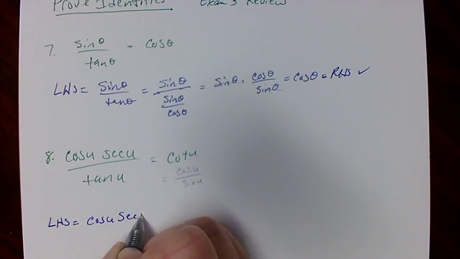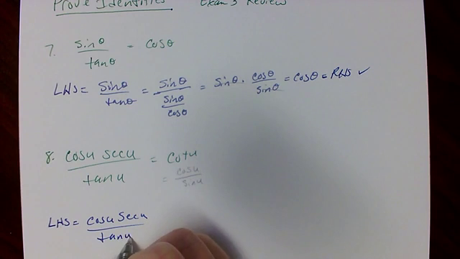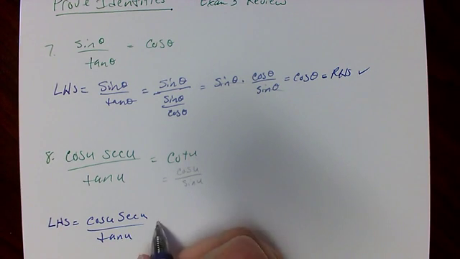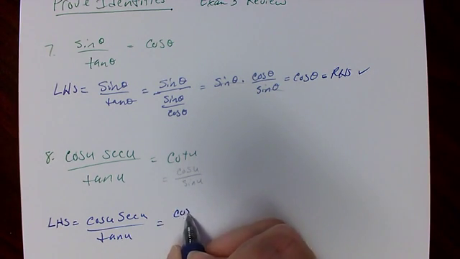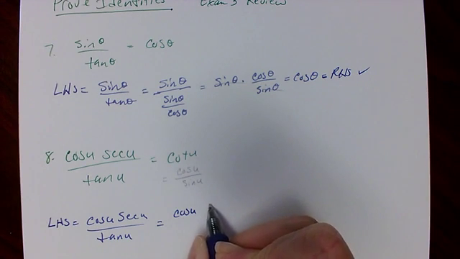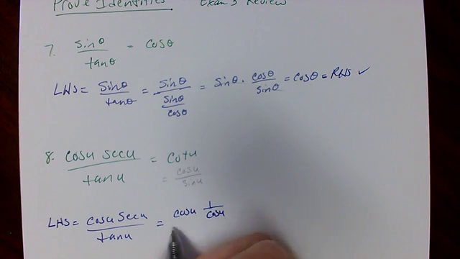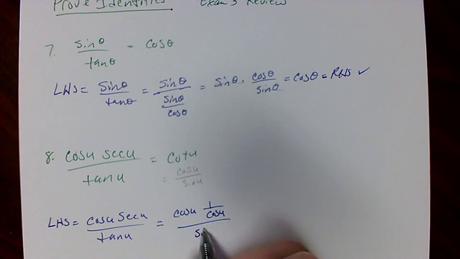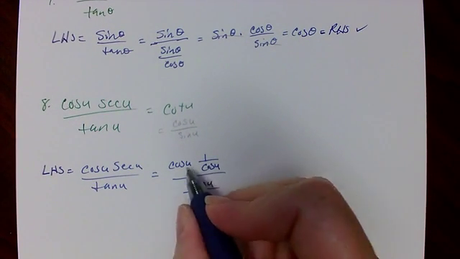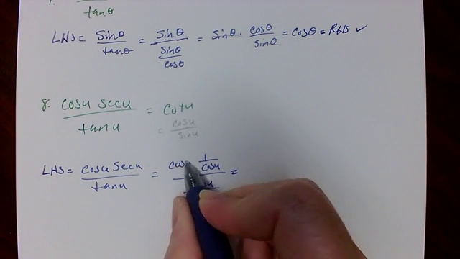So we're going to take our left-hand side, cosine u secant u divided by tan u, and write it all in terms of cosine and sine. So cosine u times secant, which is 1 over cosine u, divided by sine u over cosine u. As we go to simplify, this can multiply over.